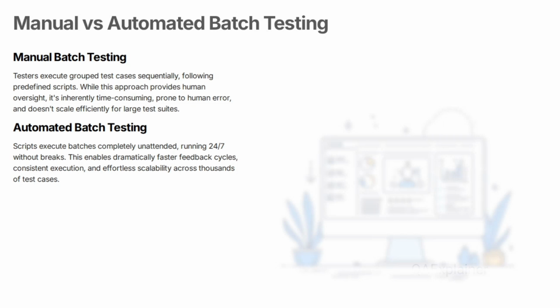Another thing is automation batch testing. Here we run scripts that are completely automated, and we can run them 24/7 without any breaks. It helps with a faster feedback cycle, consistent execution, and effortless scalability for testing thousands of test cases.